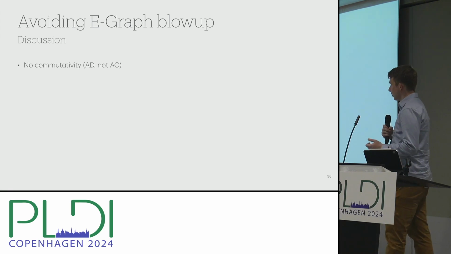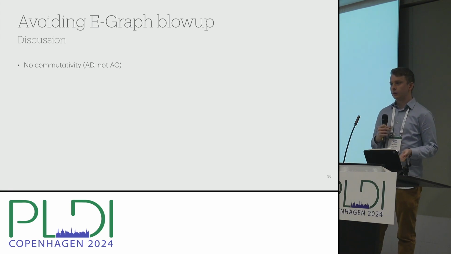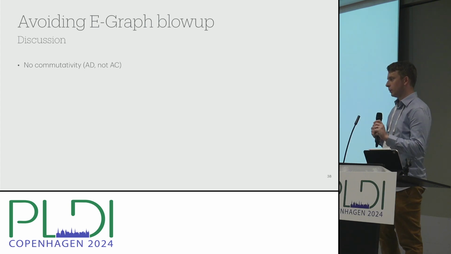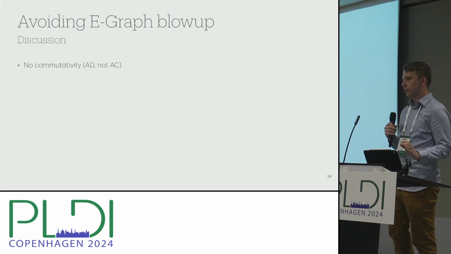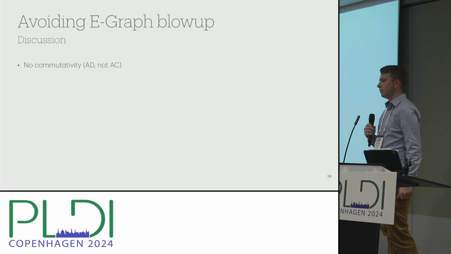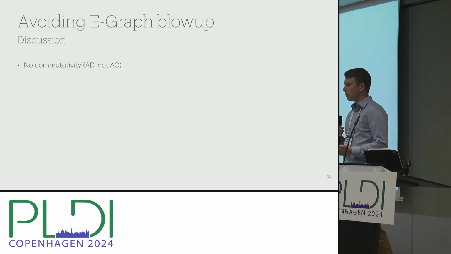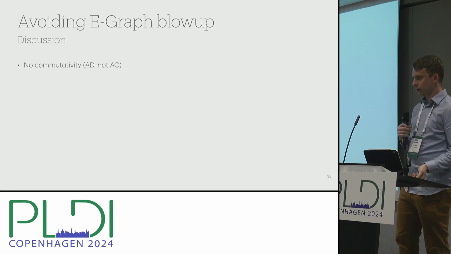First of all, we don't have commutativity. So in the morning, in the symmetric monoidal category talk, the main culprit of the blowup was being able to commute partial diagrams through the swap or braid operator. We do not have any of this, as this is a bit more intensive in Coq, and we're really just dealing with the structure. So we're rewriting really modulo AD, which is associativity and distributivity.